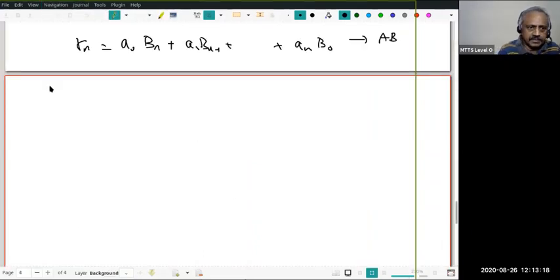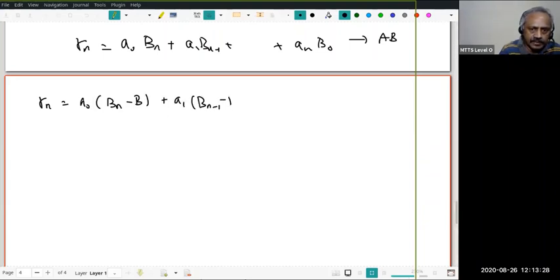So we do the standard trick now of rearranging things. Therefore, gamma n, I can write as A naught into Bn minus B plus A1 into Bn minus 1 minus B plus up to the last term, An into B naught minus B. But what I have done is I have subtracted extra terms.